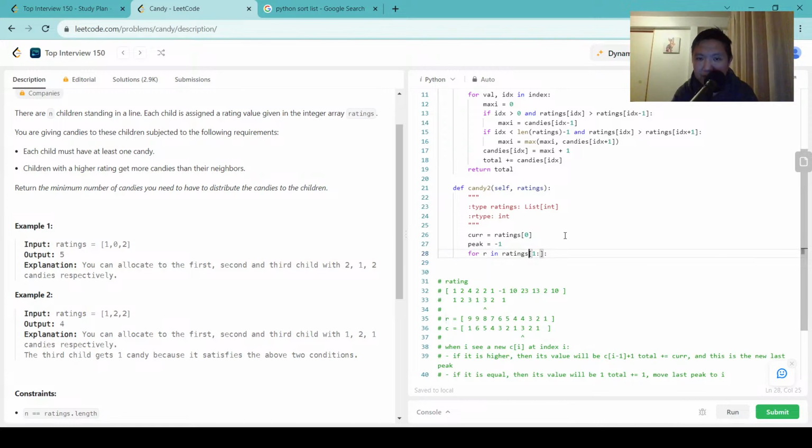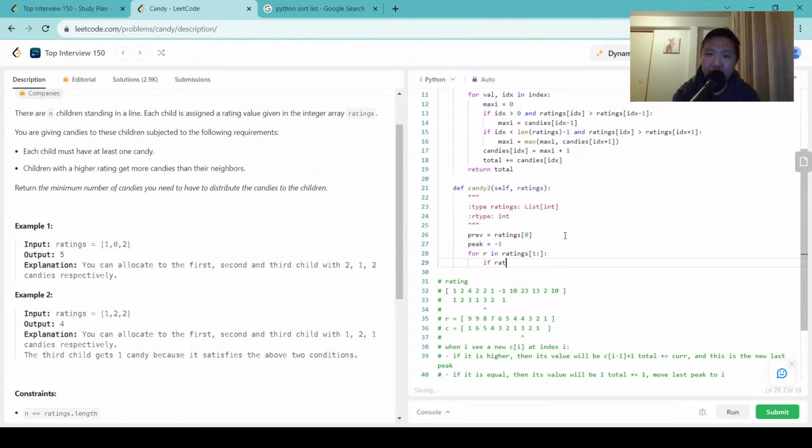And now we start from the first one. Okay, if R in ratings, if, well, not current, actually it's previous.